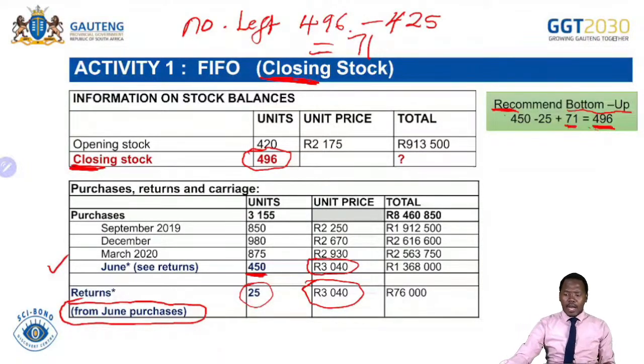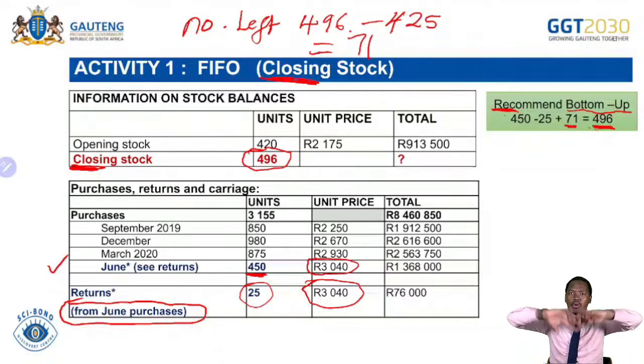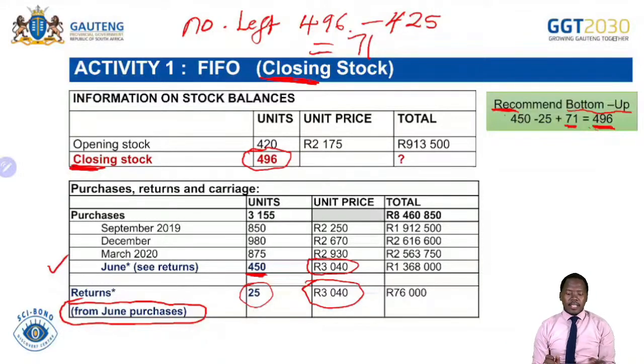Now, this 71 you are seeing here. I'm starting from the bottom, I'm going up, because I've exhausted my units that were recently bought. I now move and take on the ones above, up until I consume the whole of 496. Now I'm going up. If you can check up there, it is written 875, grade 12. On the 875, not everything was remaining there.